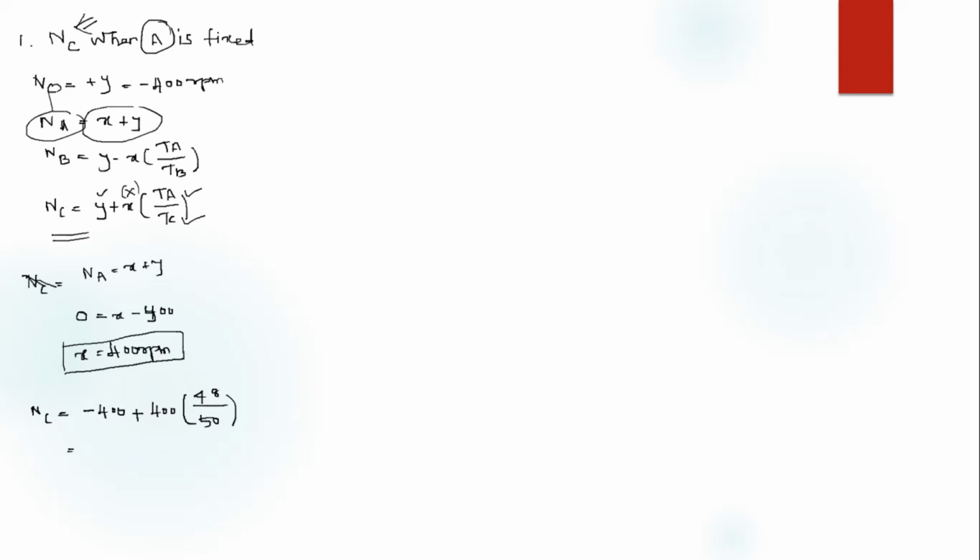So, here minus 400 plus 400 into 0.96, which is equal to minus 400 plus 384, which is equal to minus 16 RPM, which implies 16 RPM clockwise.